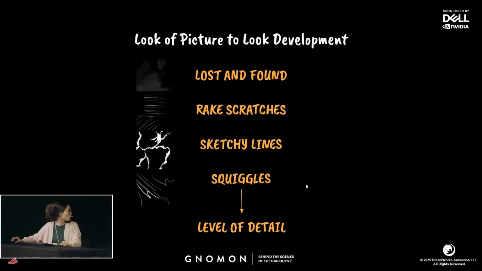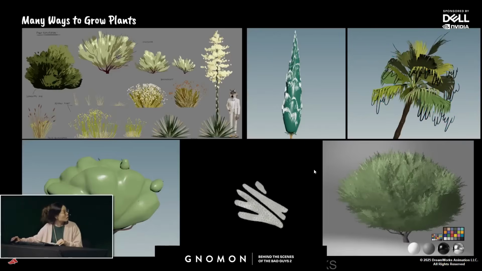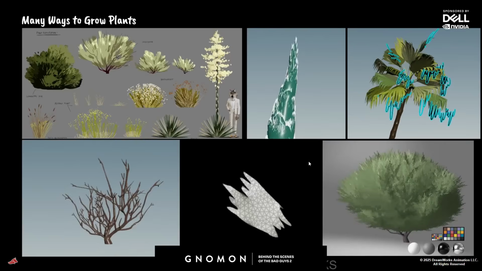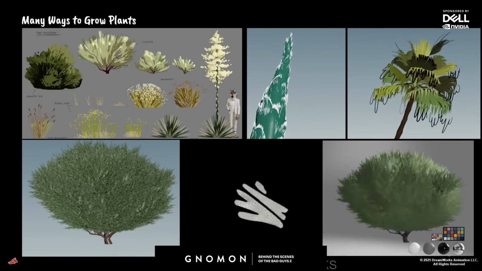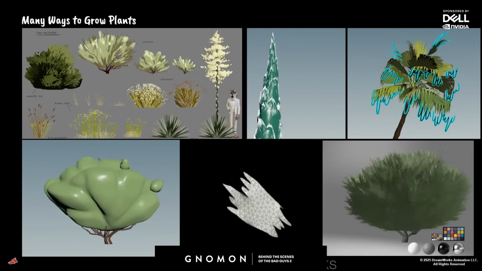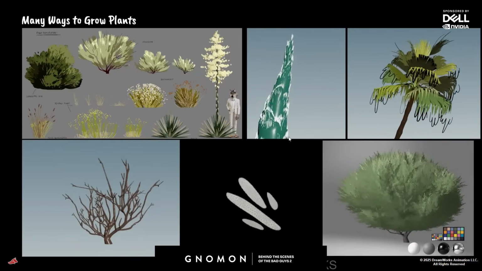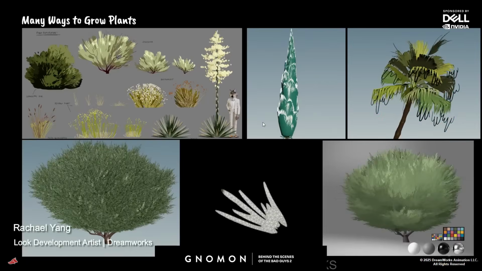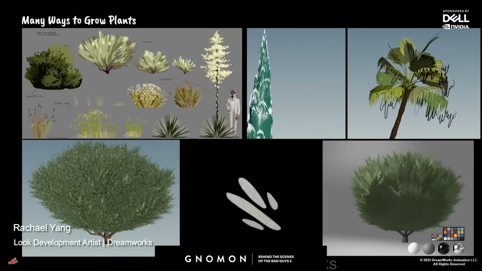Okay, so we're going to talk about one more element, and that's level of detail. Oh, right, trees. When talking about level of detail, we're going to talk about our LOD tree system. On this show, there are many ways to grow a tree. On the cypress in the middle, we grow some of these curves off the sides, and at render time they look like brush strokes.